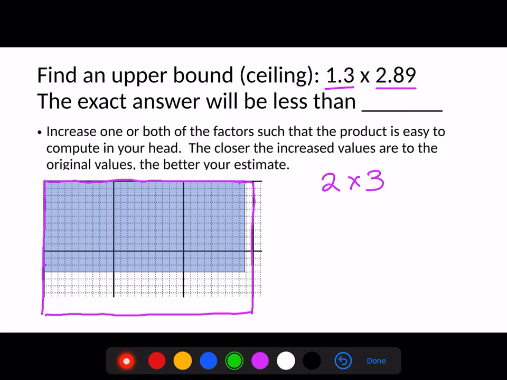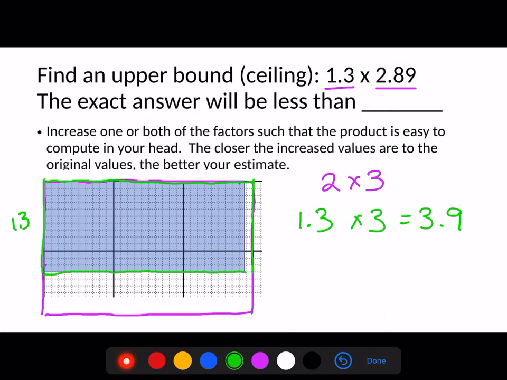And I think about, what can I do in my head? Well, if I kept the 1 3/10 and 3, I can do that one in my head. That's just going to be 3 9/10. What does that look like? That's keeping the 1 3/10, and that's increasing the 2 89/100 up to 3.